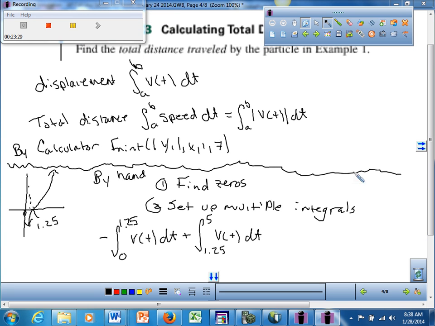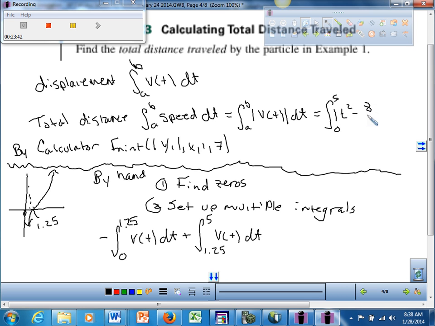So find the total distance. We can use your calculator to do it. We are doing the integral from 0 to 5 of the absolute value of t squared minus 8 over t plus 1 squared dt. So find that for me.